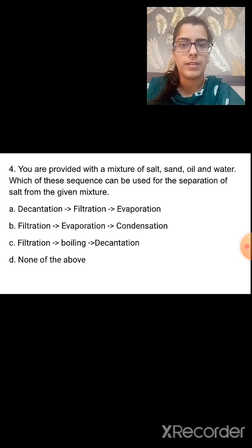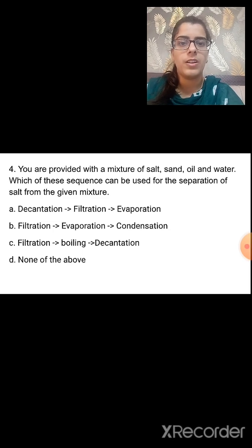Question number 4. You are provided with a mixture of salt, sand, oil and water. Which of these sequences can be used for the separation of salt from the given mixture? So, you have the mixture of salt, sand, oil and water. Now, you have to tell which sequence can be used for the separation of the salt from the above mixture.